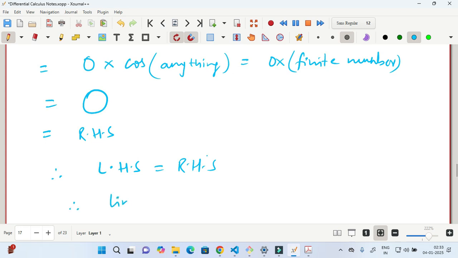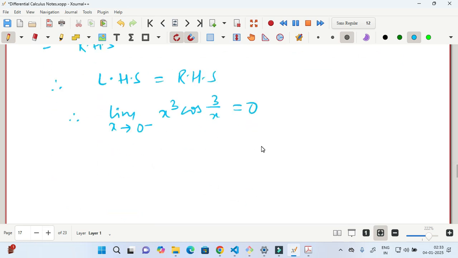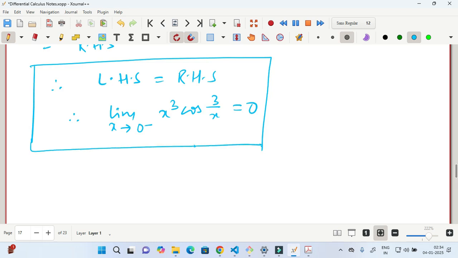Therefore, limit x tends to 0 minus of x cube cos of 3 by x is equal to 0. Hence proved.